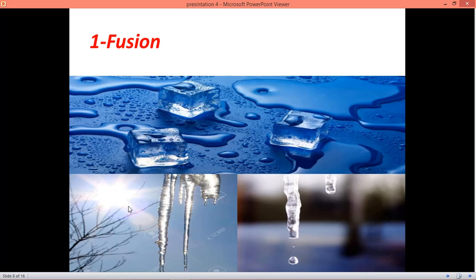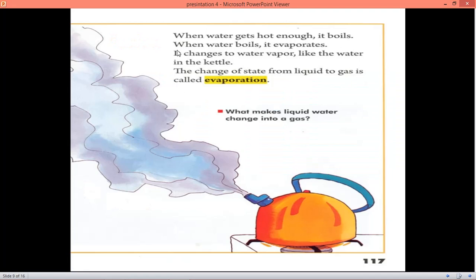In brief, the change from ice to water, this process is called fusion.